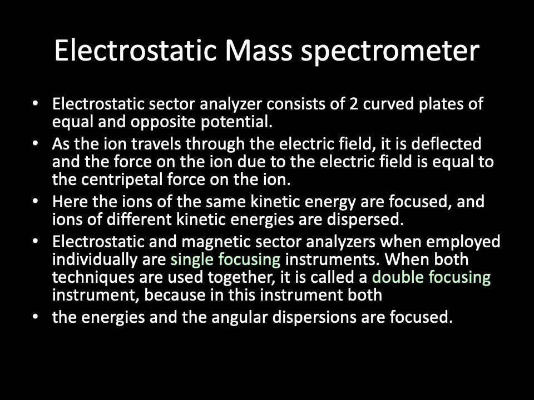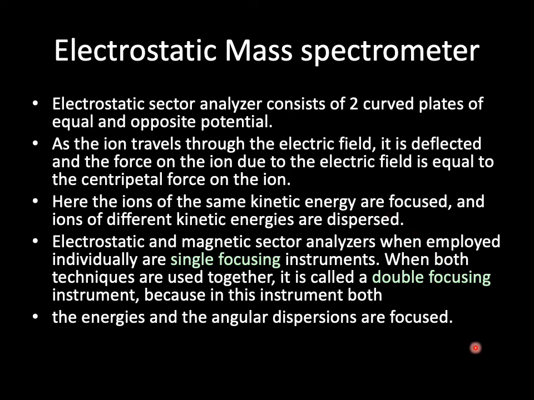The electrostatic sector analyzer consists of two curved plates of equal and opposite potential, and as the ion travels through the electric field, it is deflected, and the force on the ion due to the electric field is equal to the centripetal force on the ion.